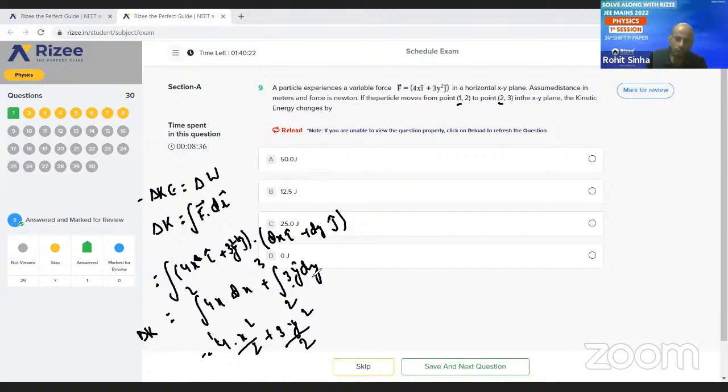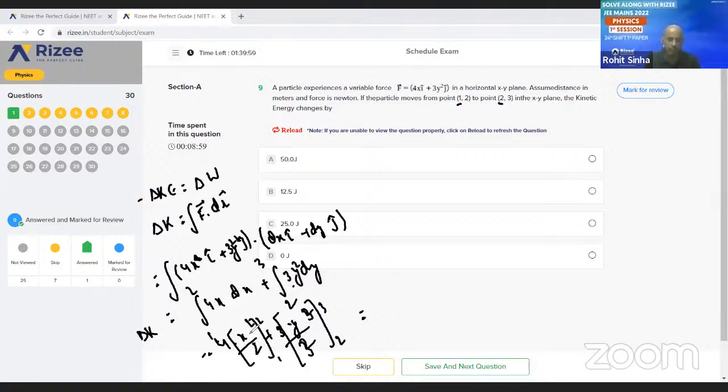Put here the value of x from 1 to 2, and the value of y from 2 to 3. Put all the values, integrate it, and you will get your answer.